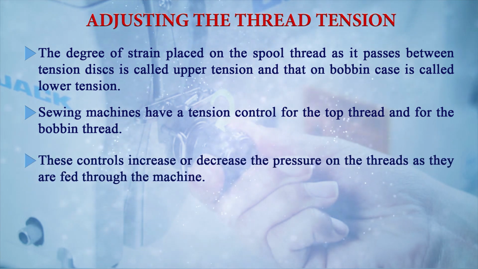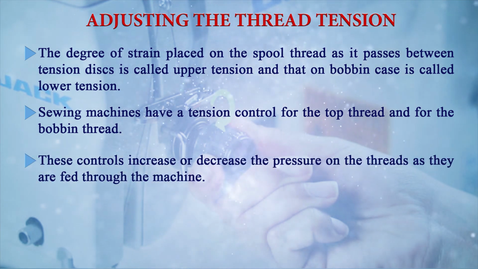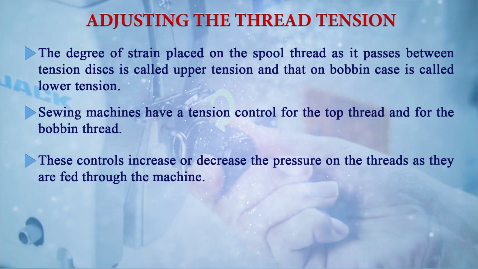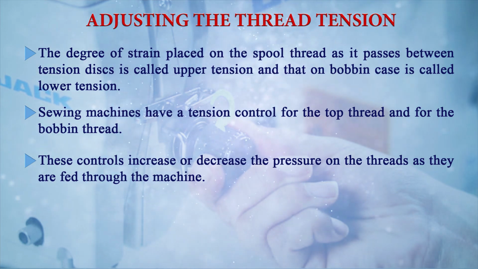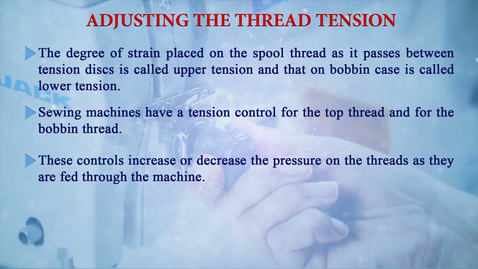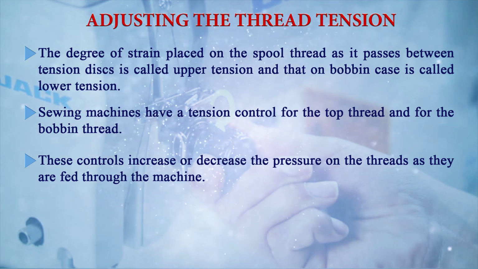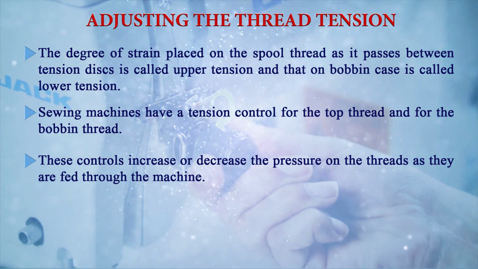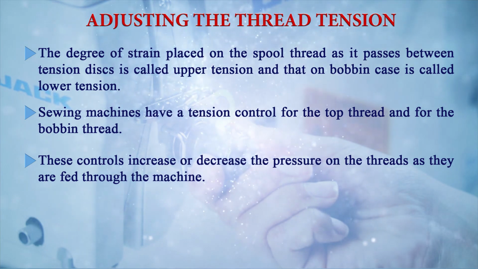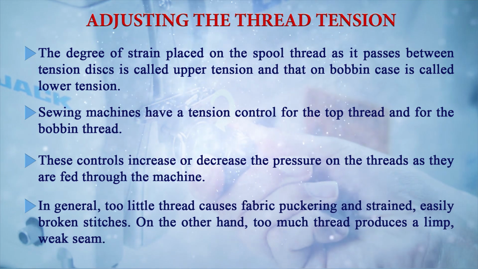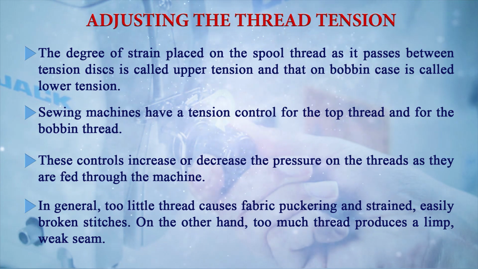These control the increase and decrease of pressure on the thread as it is fed through the machine. So these two control the tension or the pressure, how the thread is coming into the needle. In general, too little thread causes fabric puckering.